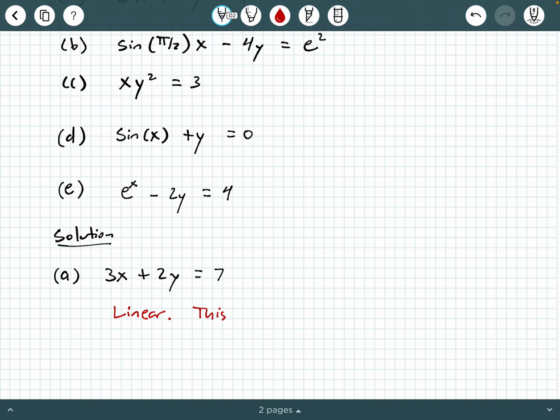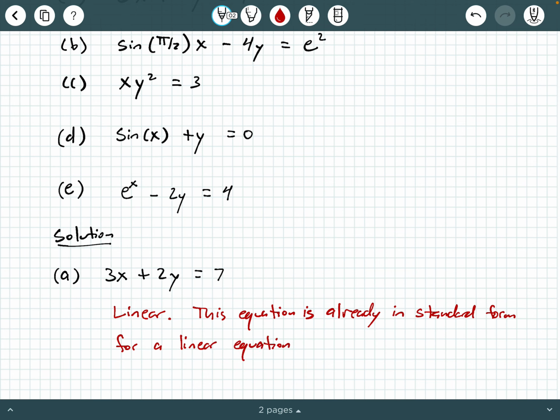So this equation is already in standard form for a linear equation.